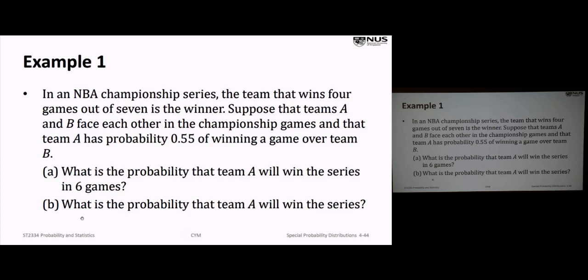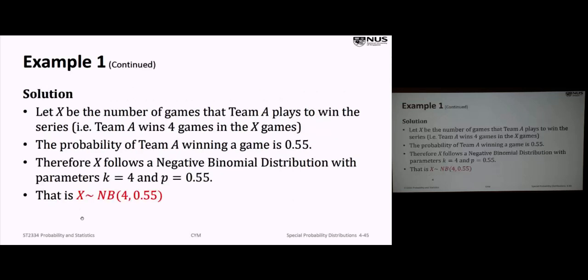So the probability that team A will win the series in 6 games is modeled in the following way. X is the number of games that team A plays to win the series. The probability that team A wins a given game is 0.55, and you have to make an assumption, like I said earlier. We're assuming that each game, the win or loss, is independent of the other, and that's an assumption.